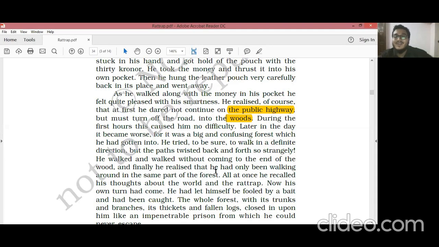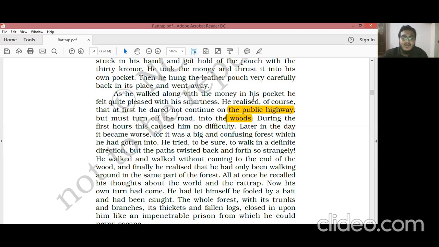As per his concept, what was his concept? The joy, the riches, the money, the things. Students, you can tell me what are the things that are compared with the bait, and what are the things compared with the rat trap? You can write it down in the chat box quickly. If you remember what I discussed in the opening part, what are the things that are compared with a rat trap?